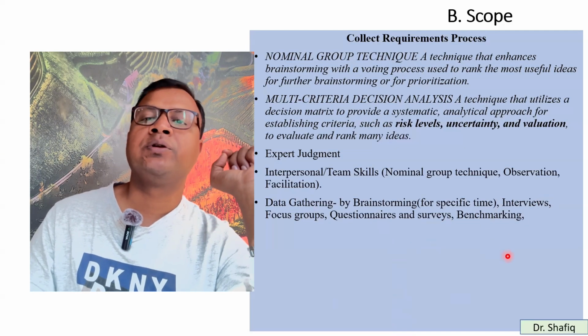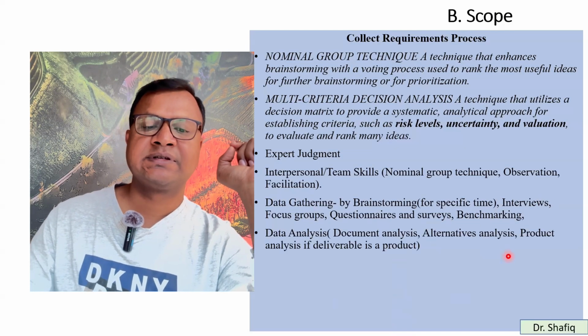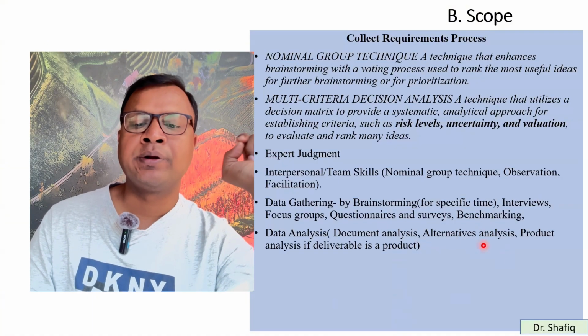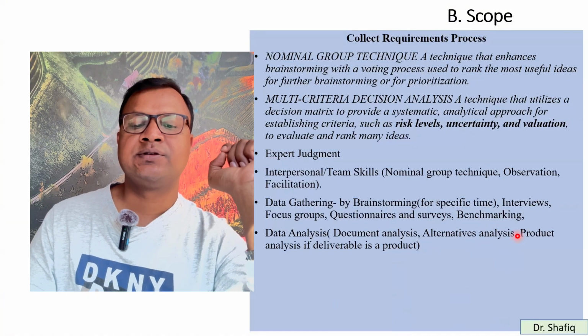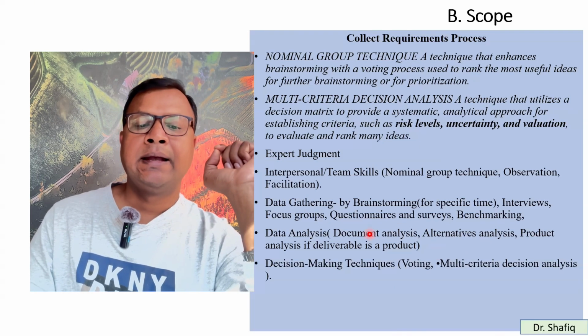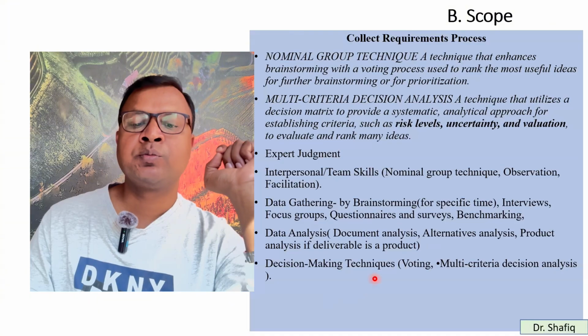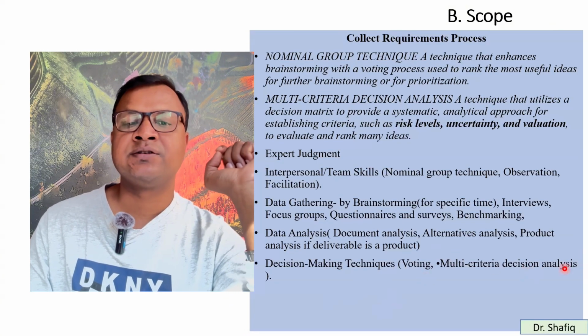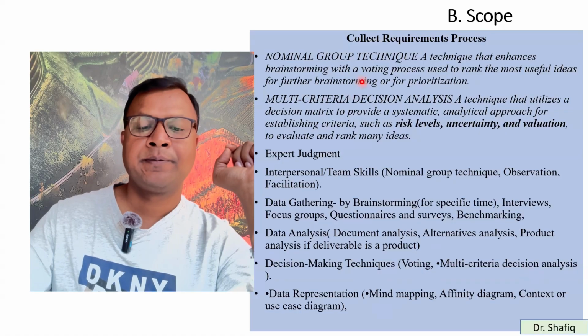By this, you can collect data for the requirements, and also you can do data analysis like document analysis, alternative analysis, product analysis if the deliverable is a product. And also you can use decision-making techniques by voting, by multi-criteria decision analysis, as I have mentioned above.